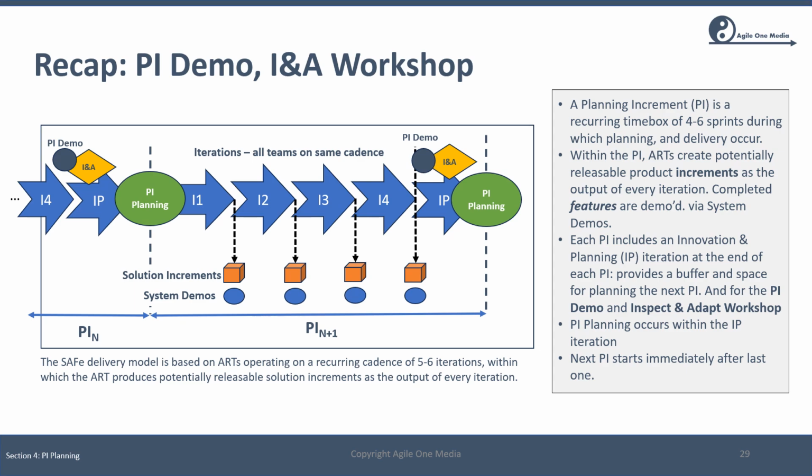One, it serves as a buffer to finish any uncompleted work or feature development work. At the end of that, we do something called the PI demo, which is where we demonstrate the completed PI objectives that were achieved by each team. During that event, business owners will score each of the objectives, what they actually believe the score was.